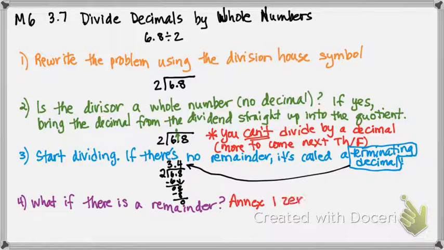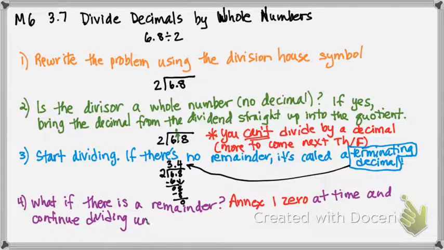Annex a 0, one at a time, and continue dividing until the problem terminates, or we have another possibility, which is that as I keep doing this, I keep getting the same number over and over and over again.